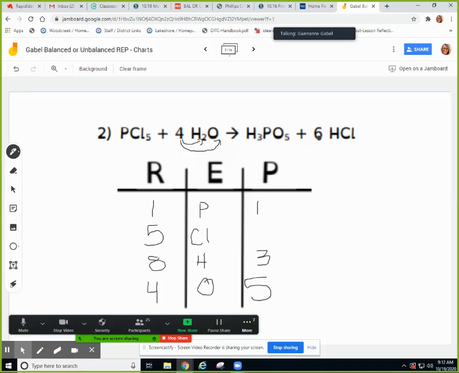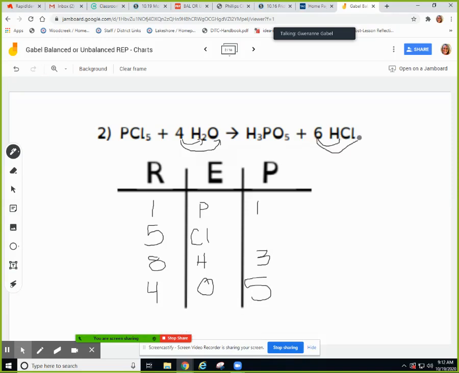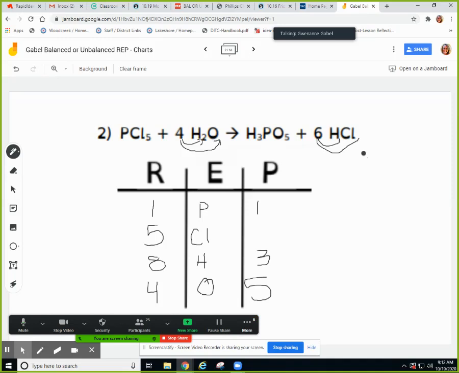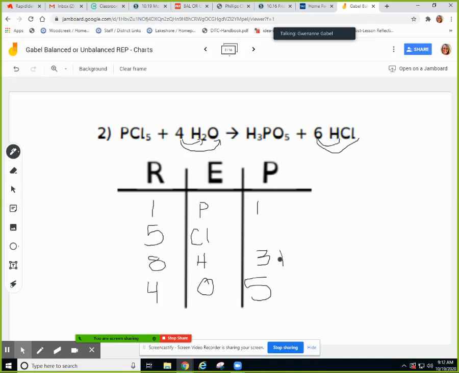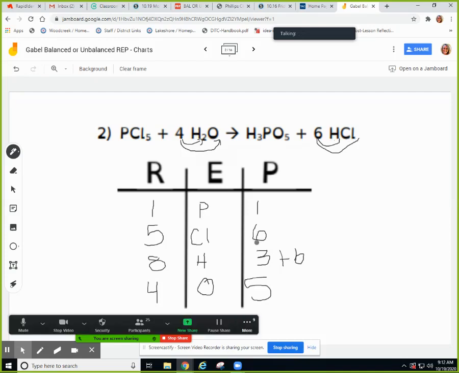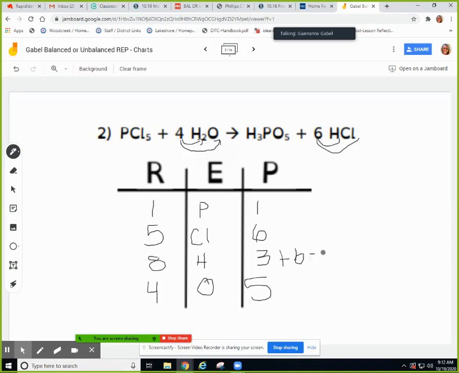I have a coefficient here, and I need to distribute it to my subscripts. Neither of these elements has a subscript, so you're multiplying by 1. Hydrogen has 6. Chlorine has 6. That equals 9. Is this equation balanced?